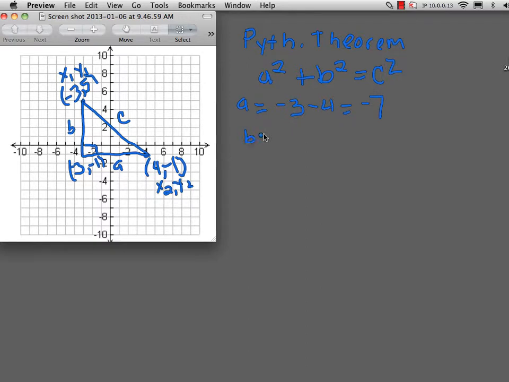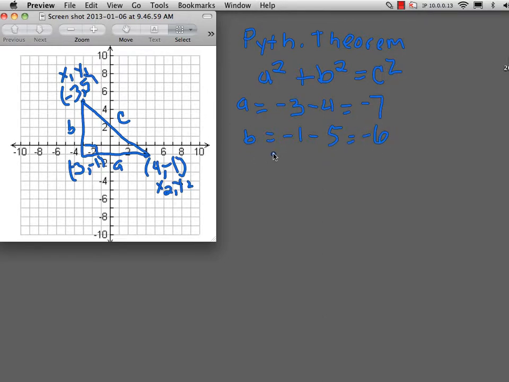B is the length of our y values, this line here, and that will simply be -1 minus 5, which would be -6.